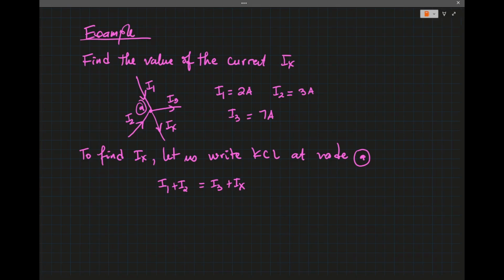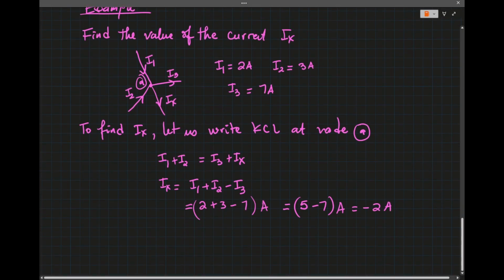These are the currents that are leaving the node. So that means Ix equals I1 plus I2 minus I3. So that is 2 plus 3 minus 7 amps, which is 5 minus 7 amps, which is negative 2 amps.